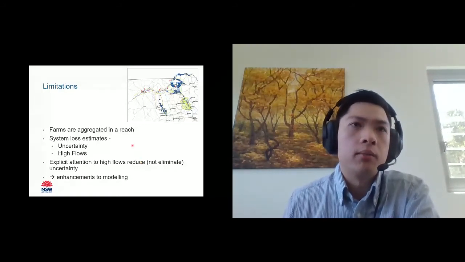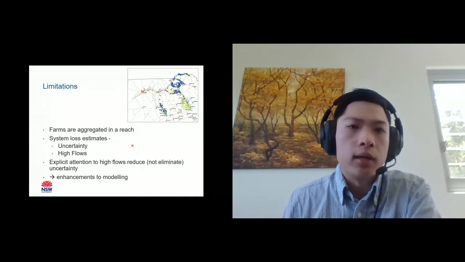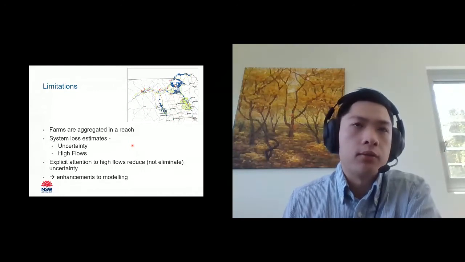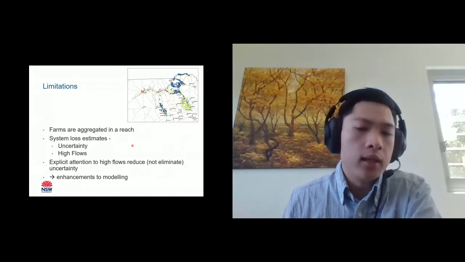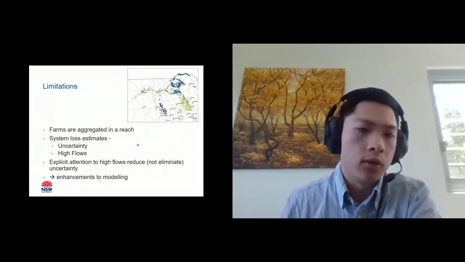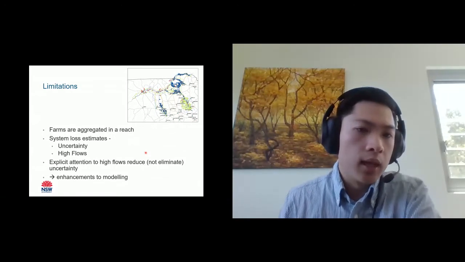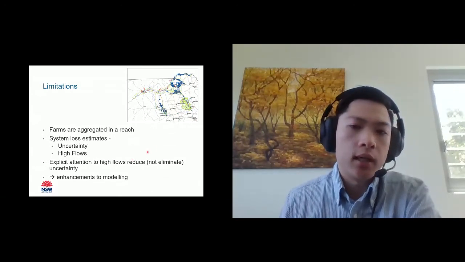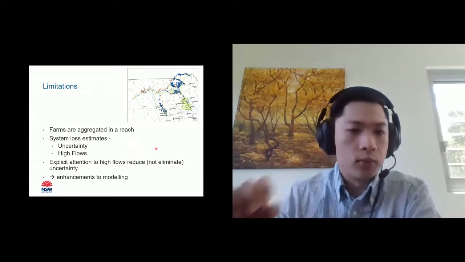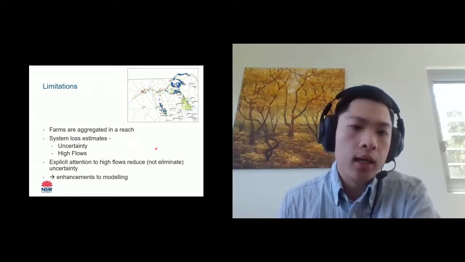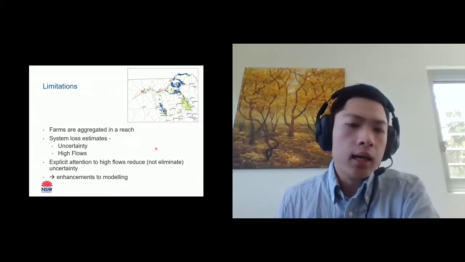Typically the system loss is calculated by looking at the difference between the upstream and downstream flow gauge as well as known processes in between. However, as part of this exercise, we're paying a lot of attention to detail on how the high flows are being represented in the model. This will reduce uncertainty, but not eliminate all of it. So we will need an enhancement to the modeling.